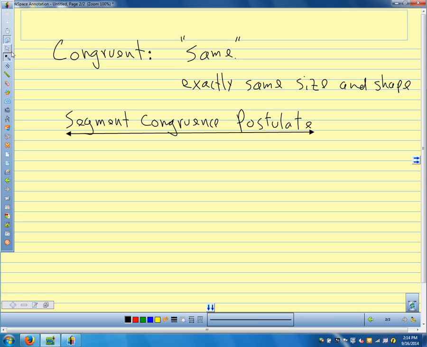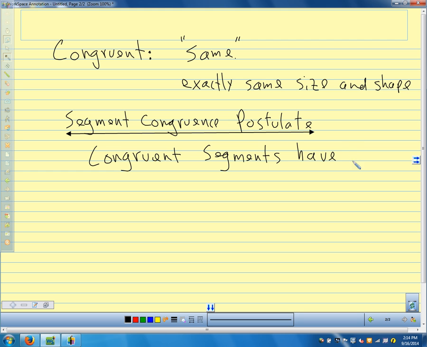There's really no other way to look at it. So we're going to accept that as true. The segment congruence postulate says congruent segments have the same length.